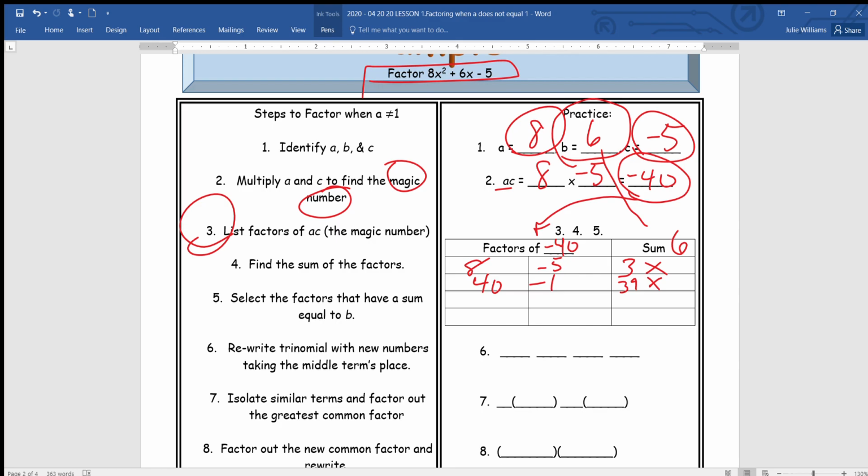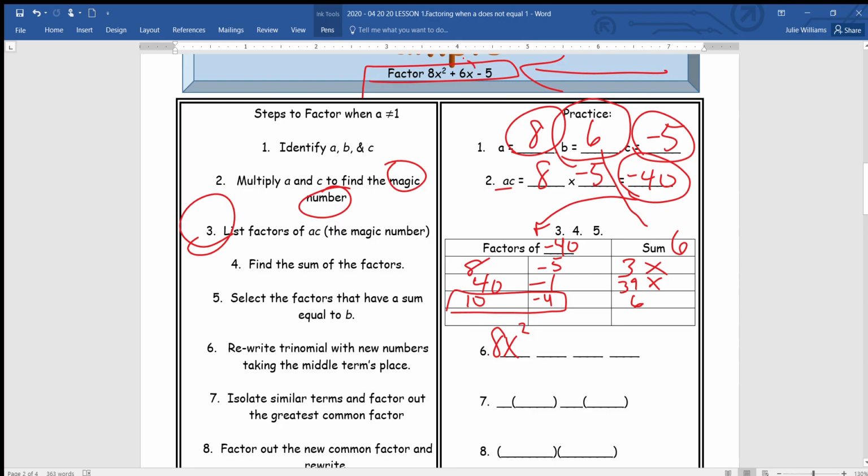Okay, what about 10 and negative 4? Those are factors of negative 40 that have a sum of 6. So that's what I'm going to be using. And so then I rewrite my original trinomial. So I bring down the 8x squared.